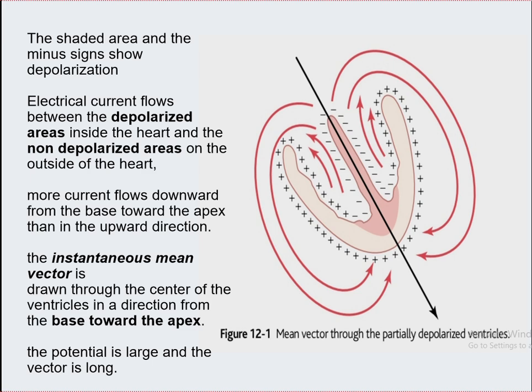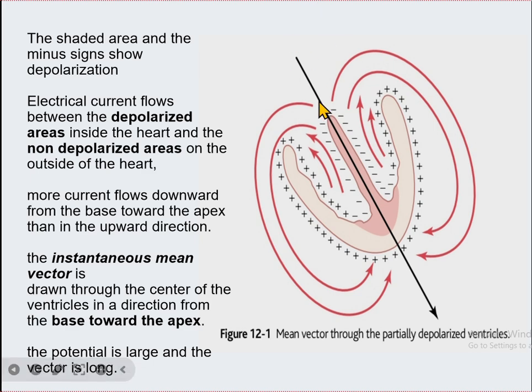What else? We usually talk about the mean axis, which we use to differentiate whether the heart is in its normal position or not. We use vectors. This black arrow represents a vector, and a vector has magnitude and direction, meaning the longer the line, the greater the depolarization.